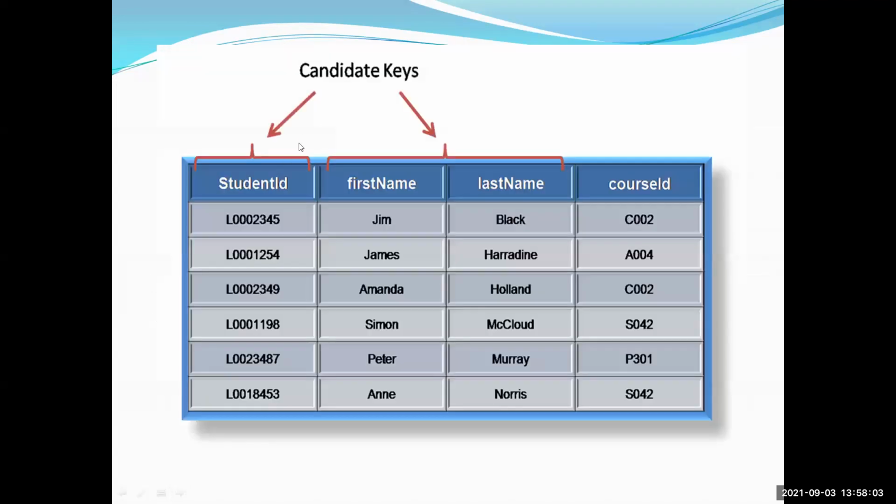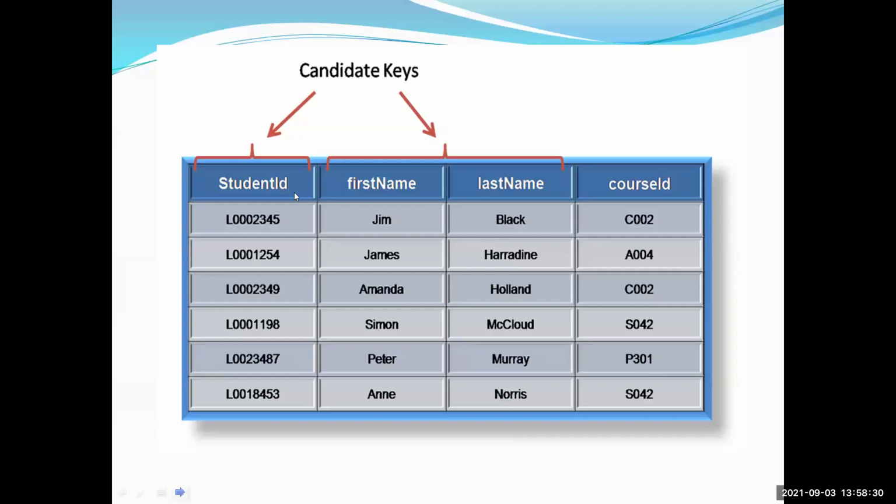For example, student ID over here is the primary key, and your candidate key combines first name and last name, taking them together as a key for the entire name. So it's just a combination that you bring in to make the candidate keys.